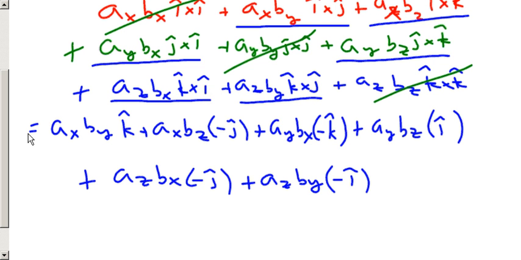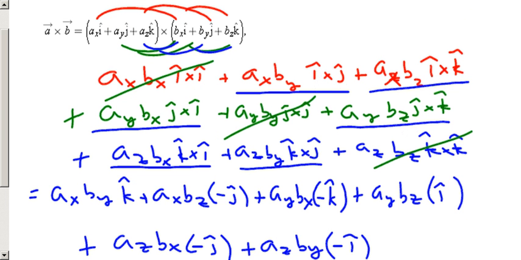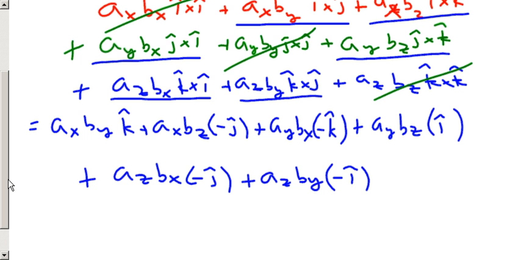Okay, so let's take a minute to breathe here and digest this. All right, great. So I had to stop because I realized I made a little mistake. This term here should have resulted in a positive J. So this value here is positive.